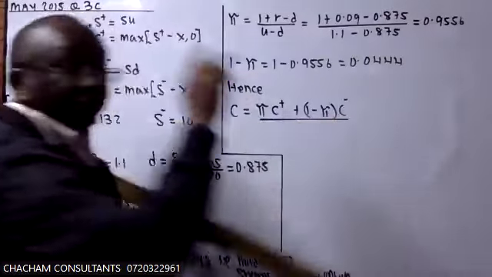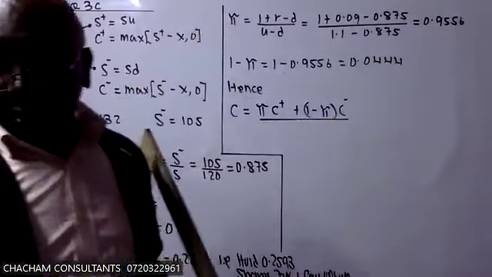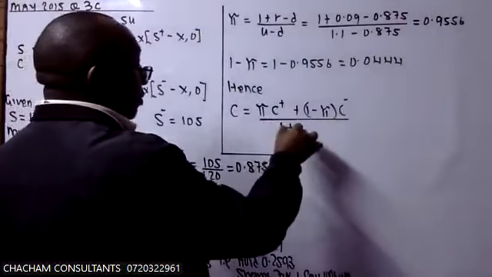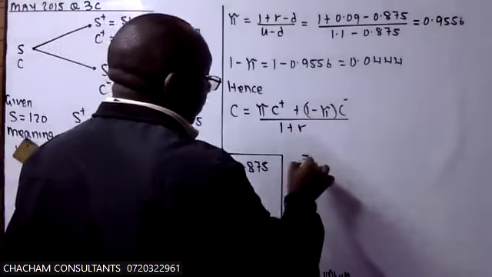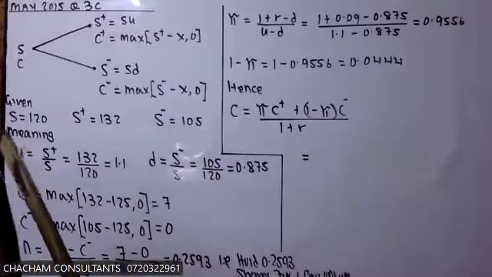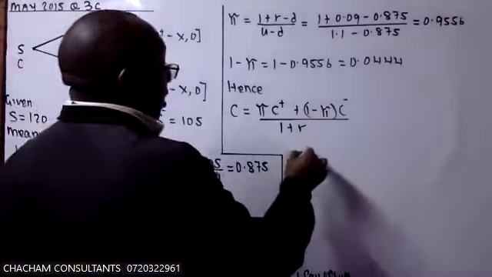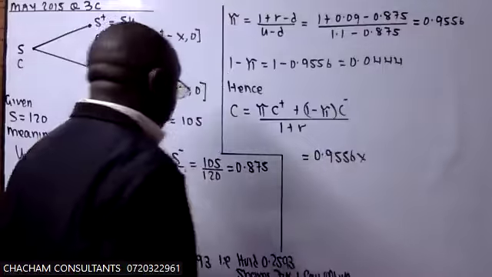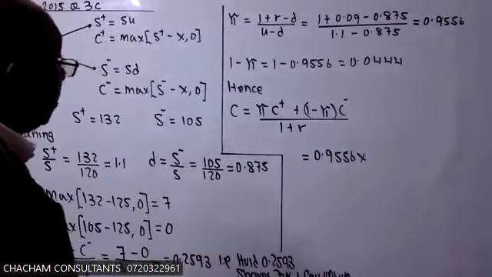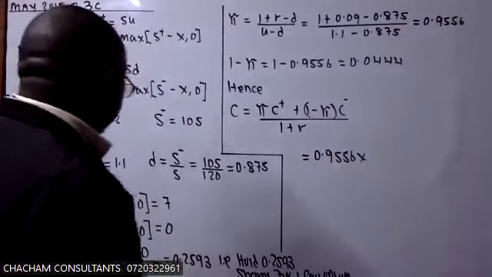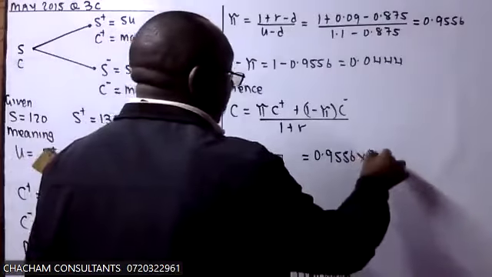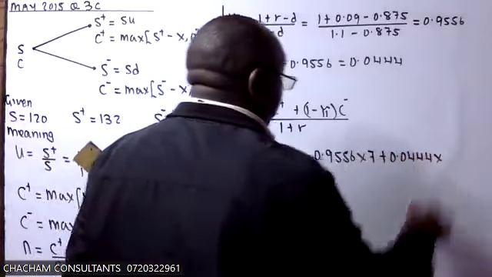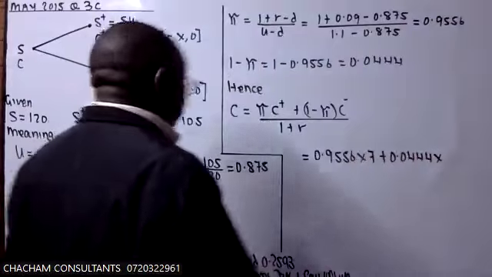Because those are the values 1 year from today, we discount them to today by 1 plus R. So this becomes 0.9556 times the up value, 7, plus 0.0444 times the down value, 0.